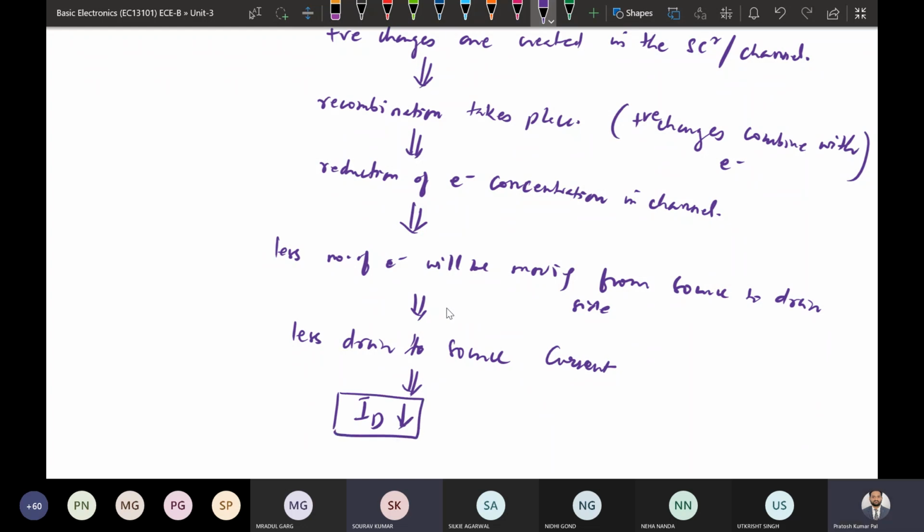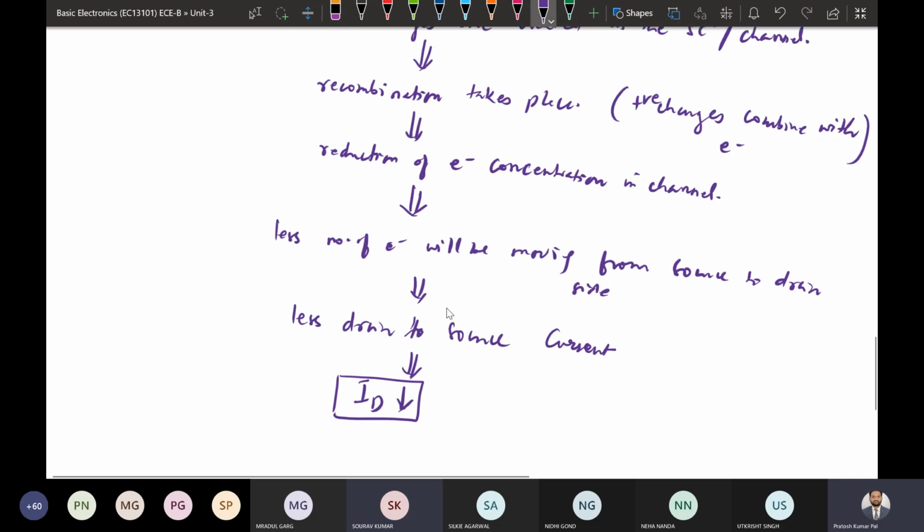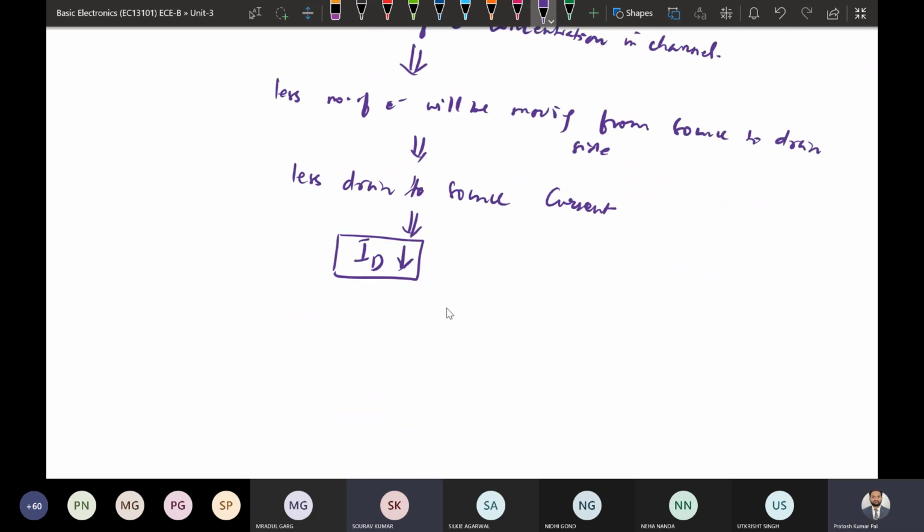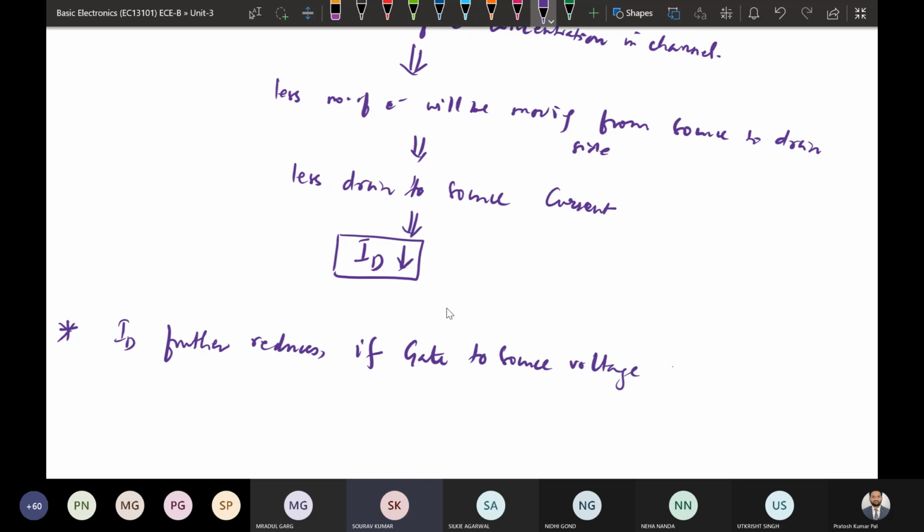This ID reduction will continue further if we increase VGS in the negative direction. That means ID further reduces if the gate to source voltage is given more negative voltage.